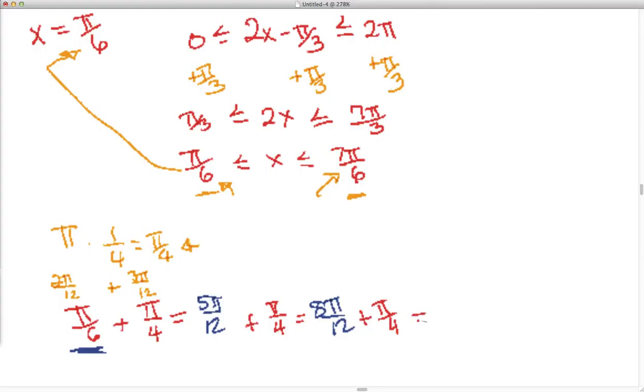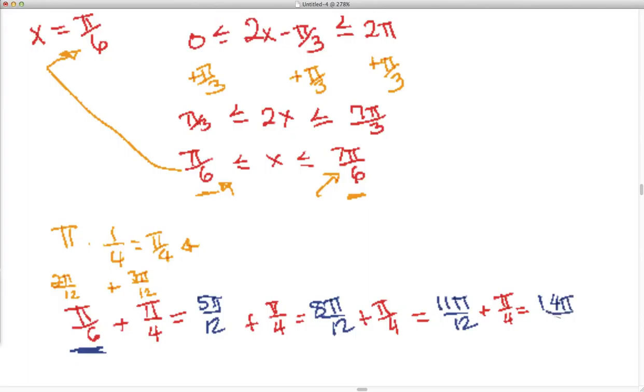That is going to equal 11 pi over 12, plus pi over 4 one more time. It's going to equal 14 pi over 12.